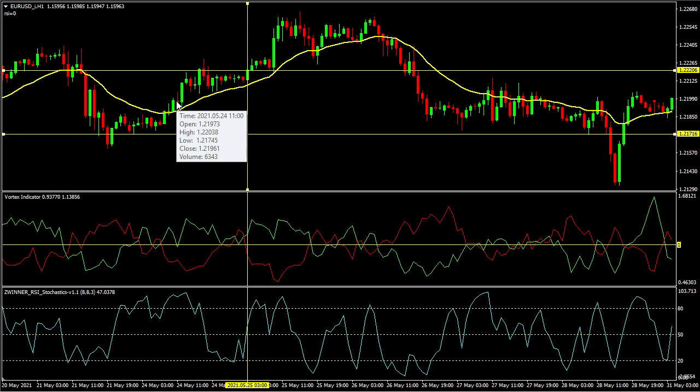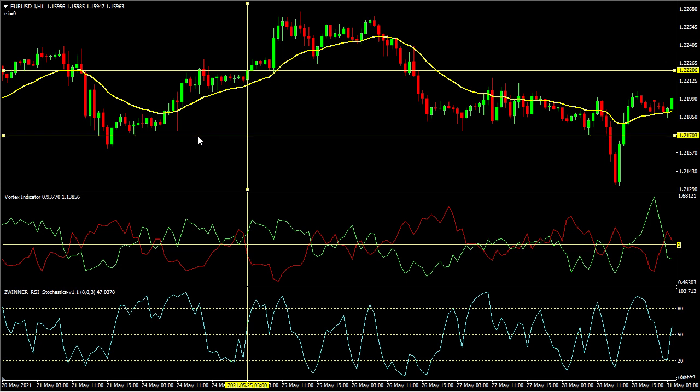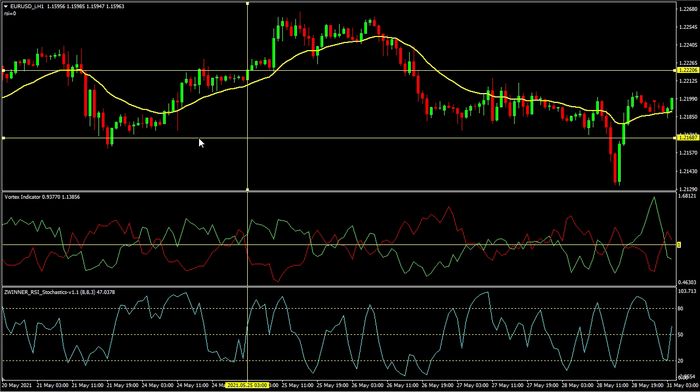Your low was 1.21745, so it's going to be 1.2170 or 69, 1.2169. There it is, 1.2169. So this is your stop loss.